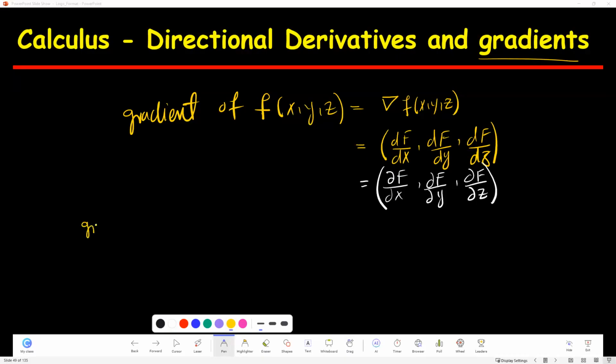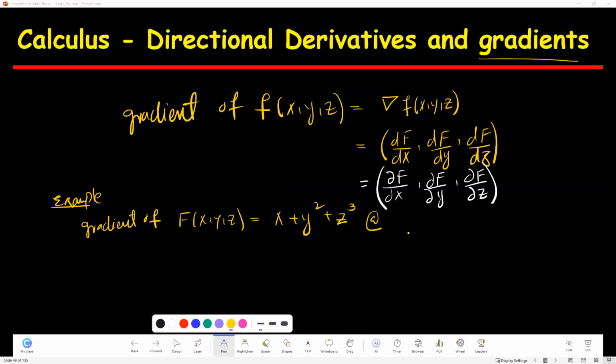So the gradient of, I'm going to give you the function, the gradient of this function. The function is x plus y squared plus z cubed, right, at this point 3, 4, 5. Okay. So first thing first, you ask yourself, how can I write this gradient?